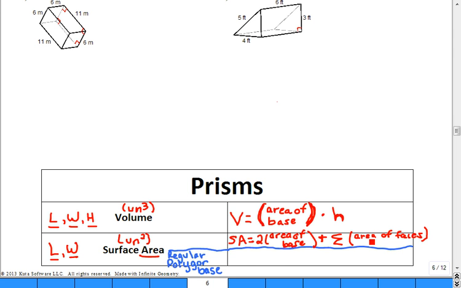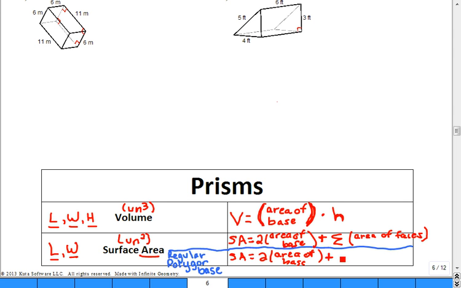Now this process is made a little easier for us if we have a regular polygon as the base of our prism. In that case, our surface area is 2 times the area of our base. So that part hasn't changed. But if we have a regular polygon as our base, all of our faces are going to be the same.